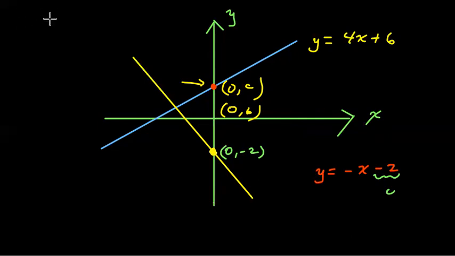Let's see how this works in an actual problem. So I say to you, I have an equation. It says y is equal to mx plus c. And I say m is equal to 2. And I say this equation passes through the point, let's say, (4, 7).